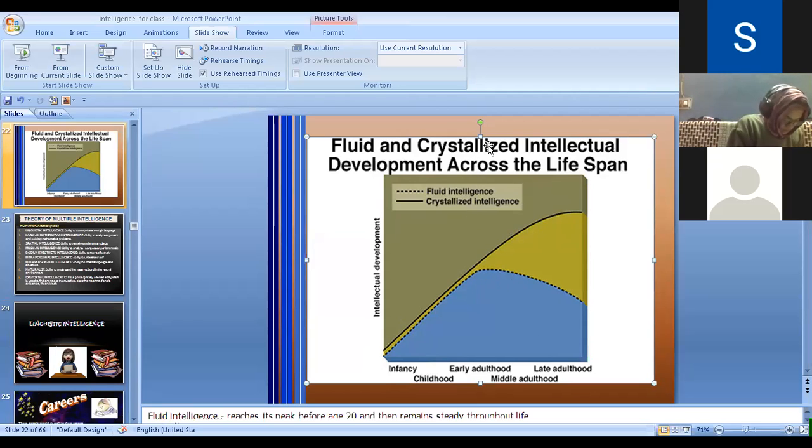Even if you take primary mental abilities or multiple intelligences, there are certain abilities which keep on increasing with age. They do not exactly grow, but however much you have learned, they stay with you. And there are other abilities which start falling down. Based on this, certain tests were developed, called DQ, hold versus don't hold abilities.